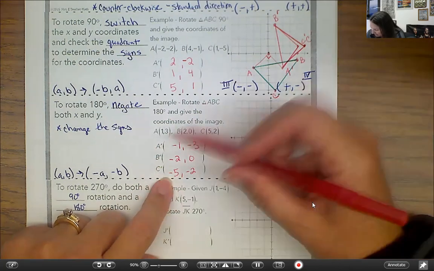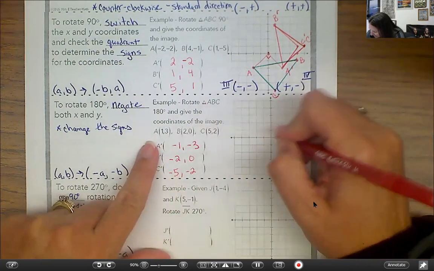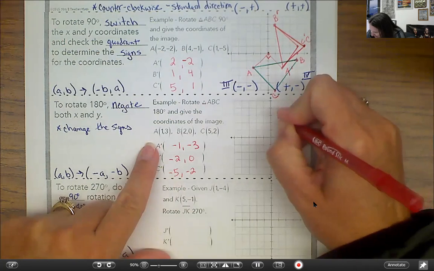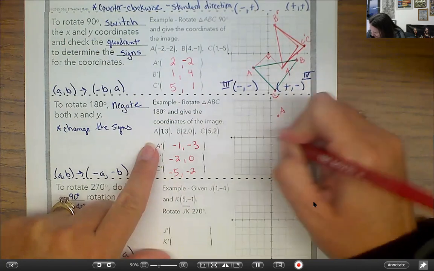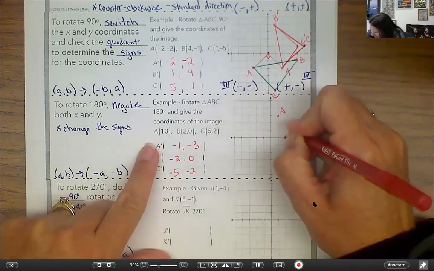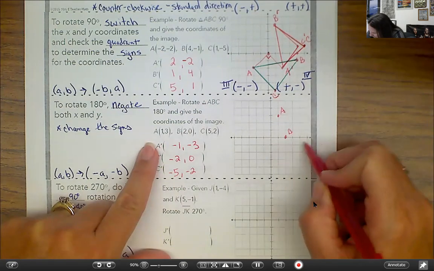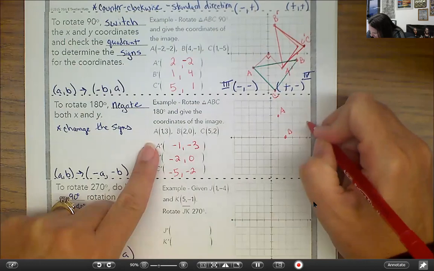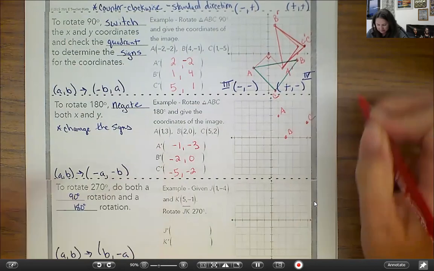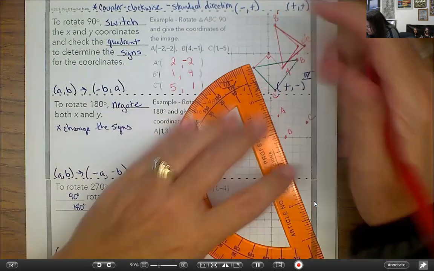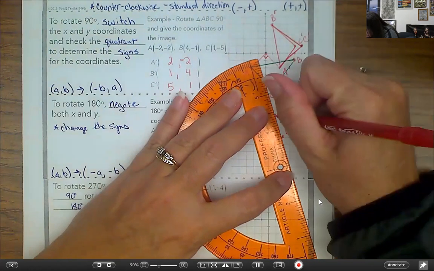Okay, let's go ahead and take a look at that. A at 1, 3, B at 2, 0, and C at 5, 2. Okay, here's my original triangle.